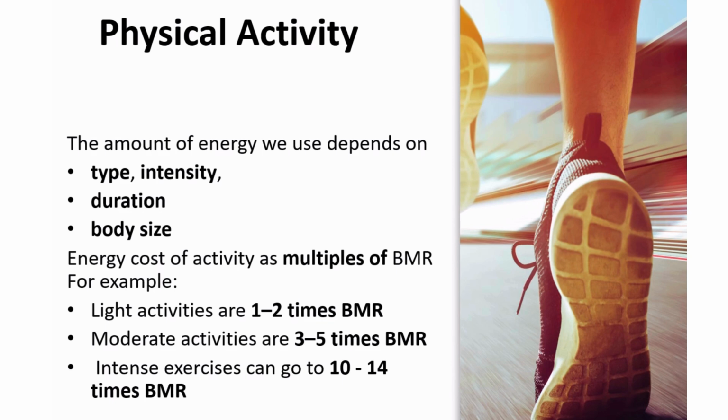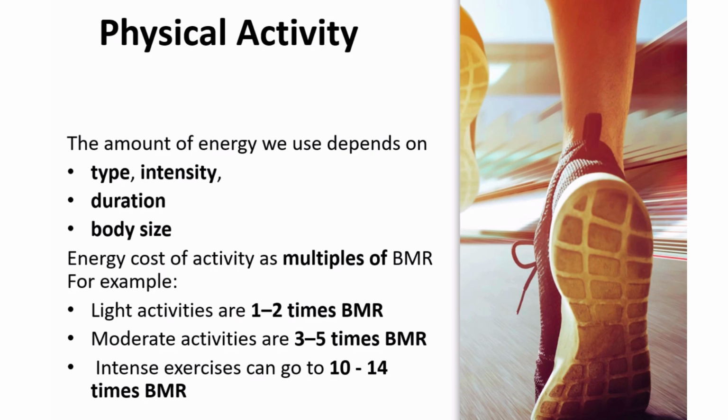Now let's talk about how our body spends energy during physical activity. The amount of energy we use depends on the type, intensity, and duration of activity, as well as body size and how efficiently we move or walk. To make comparison easier, scientists express the energy cost of activity as multiples of basal metabolic rate, or BMR. For example, light activities like sitting or reading are about 1 to 2 times BMR.